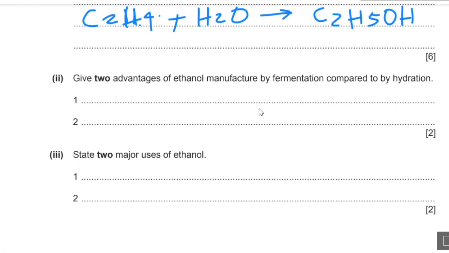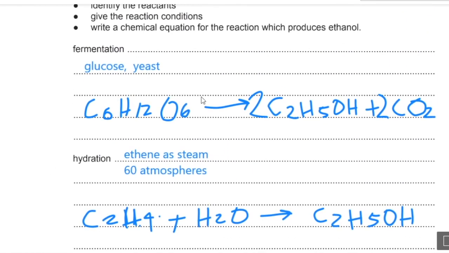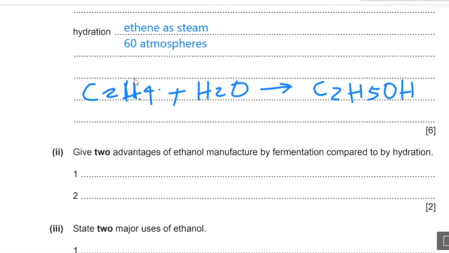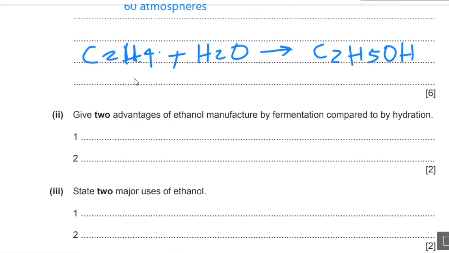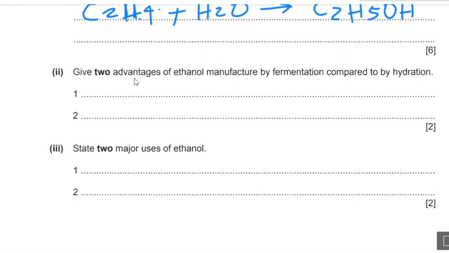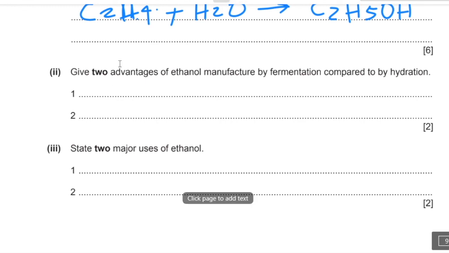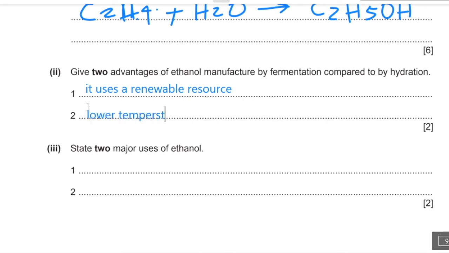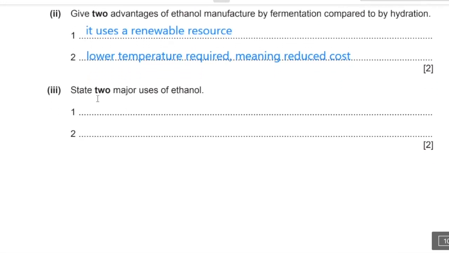So the source that you'd use would be glucose, which is a renewable resource, and it would also require a much lower temperature, and therefore it would reduce the costs. Two major uses of ethanol. So it's used as a solvent and fuel.